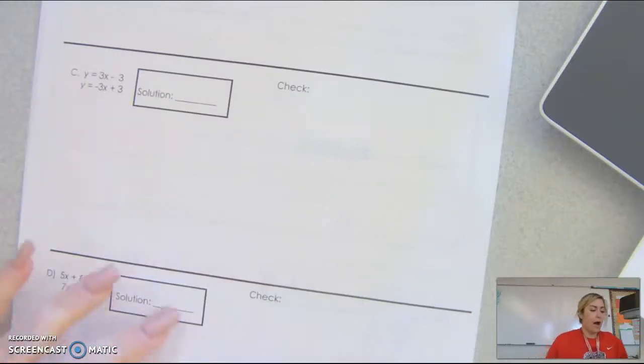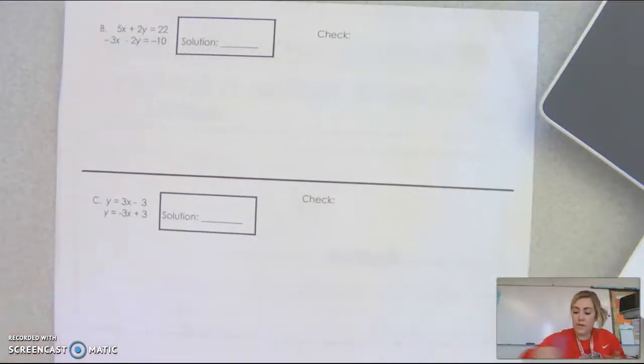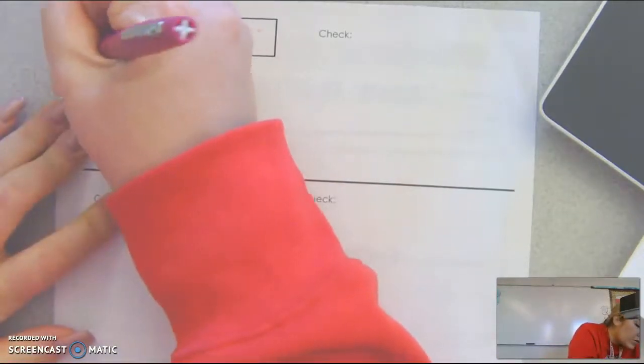So we have example B. If you look, I see that my x values aren't the same number, so they can't eliminate, but my y values have the same numbers and opposite signs. So that's what we're going to use to eliminate.